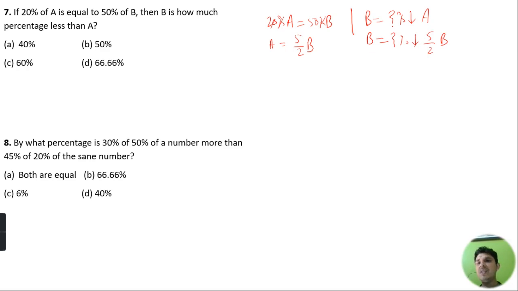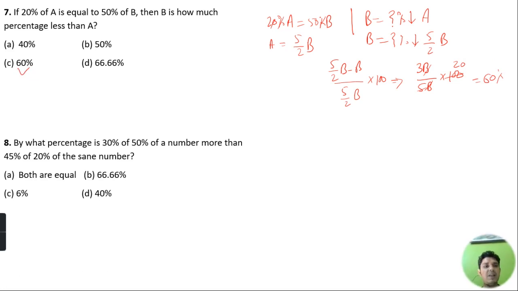So for solving this, we can simply do 5 by 2B minus B divided by 5 by 2B multiplied by 100. If we solve it for the values, this will be 3B divided by 2 and divided by 5B multiplied by 100. B cancels with B, 5 2s, and the answer of this question will be 60%. Hence option number C will be the right option.